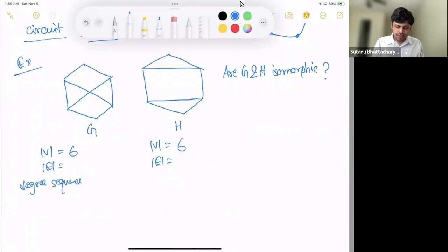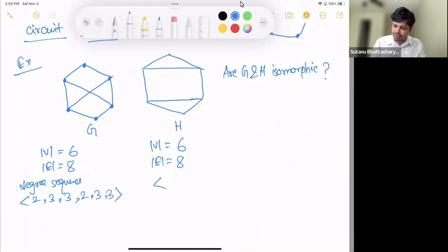The number of edges would be 1, 2, 3, 4, 5, 6, 7, 8, in both. And the degree sequence: if you see the degree sequence here, for the vertices of G it would be 2, 3, 3, 2, 3, 3.